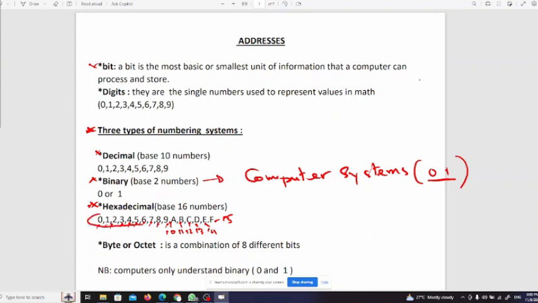You can see that at the beginning we have numbers from 0 to 9, and then letters follow. After 9 we have 10, 11, 12, 13, 14, and 15, where 10 is represented by A, 11 by B, 12 by C, 13 by D, 14 by E, and 15 by F. If you count, you can see that we have 16 values in the hexadecimal numbering system. That's why we call it base 16.